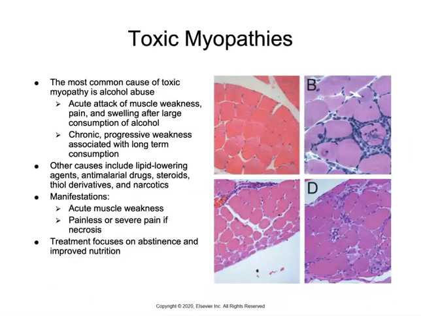Next, we have toxic myopathies, and these can develop due to a couple different things, but the most common cause is going to be alcohol abuse. We can also have triggers like repeated intramuscular injections that have been associated with changes in the muscle fibers.